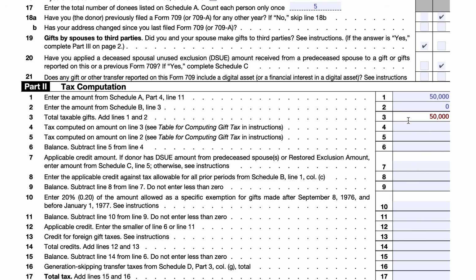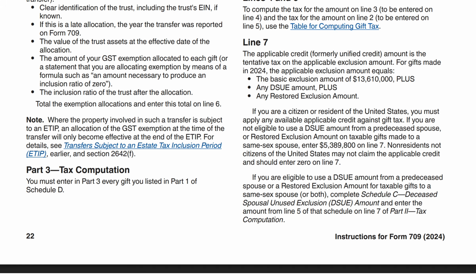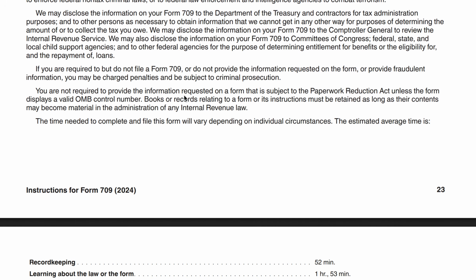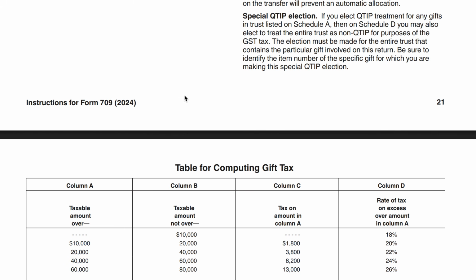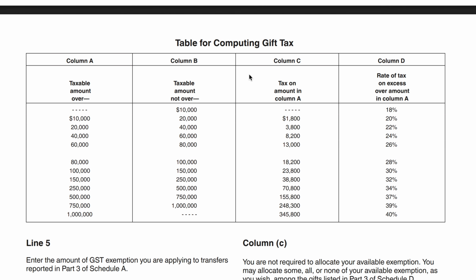Now we're going to compute the tax on the amount from line 3, and we're going to use the table for computing gift tax. When I was in CFP school, we had to memorize that the gift tax was 40%. Well, there's a graduating scale. The top marginal tax bracket is 40%. Basically, anything over $1 million, 40% of that is the gift tax amount.